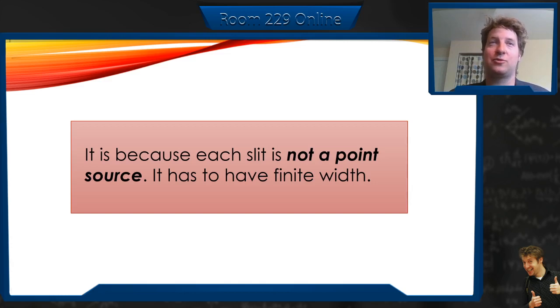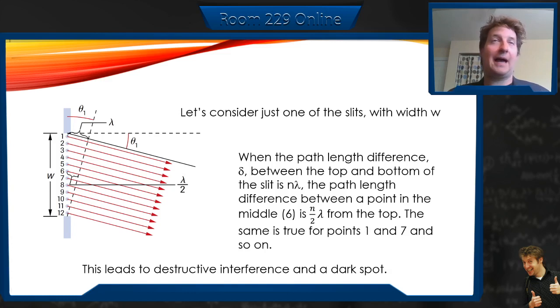We have to have some sort of finite width. And what that means is that the gap itself, let's say this is our little gap of width W, has a bunch of different spots along it. Let's number them 1 through 12, where the light, using Huygens' principle, is basically being emitted by these. You can imagine these as 12 individual point sources.